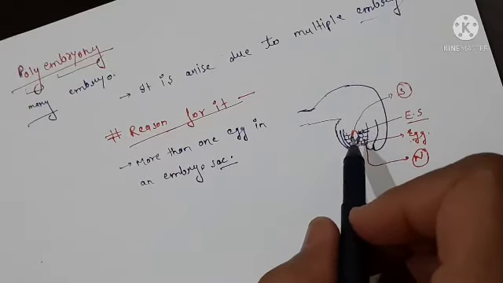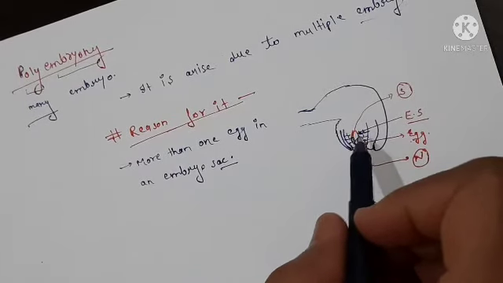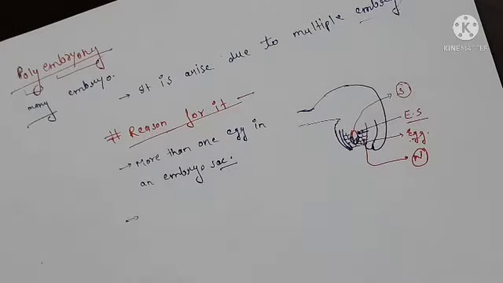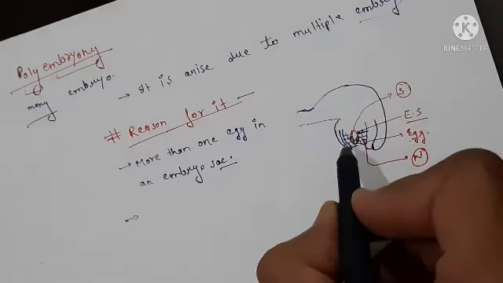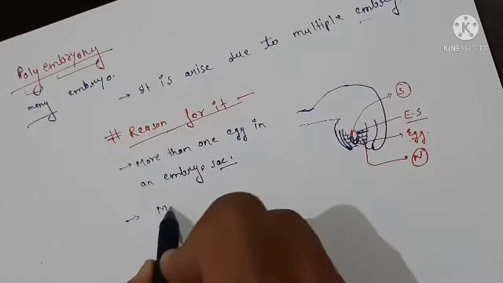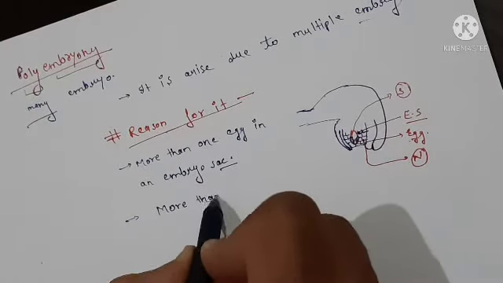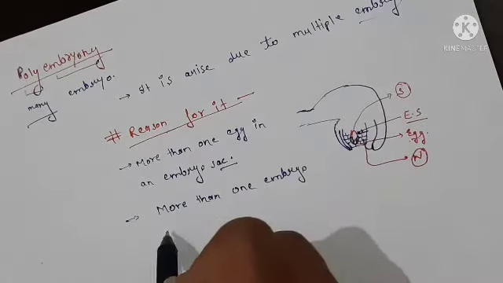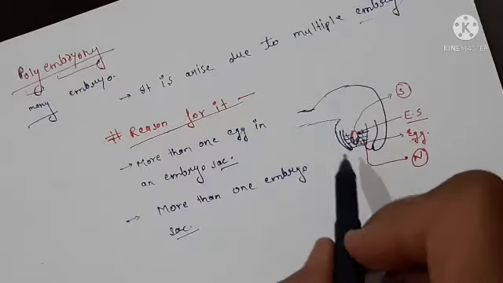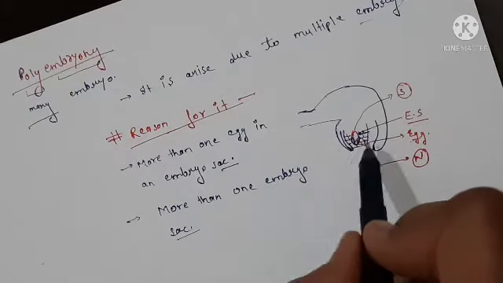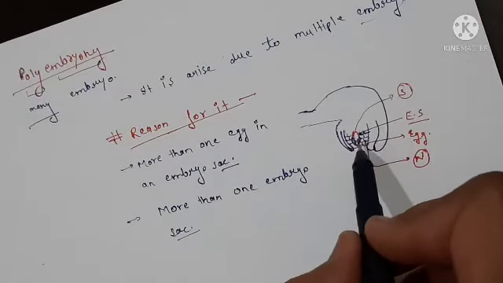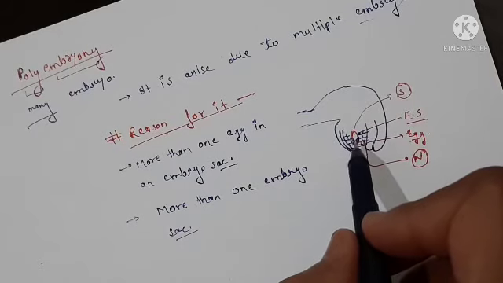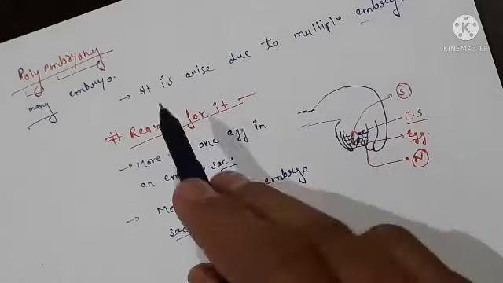In certain seeds, more than one egg is present in the embryo sac, so that is a reason for polyembryony. In an embryo sac there is normally only one egg, but in some cases if more than one egg is present, it may lead to polyembryony.